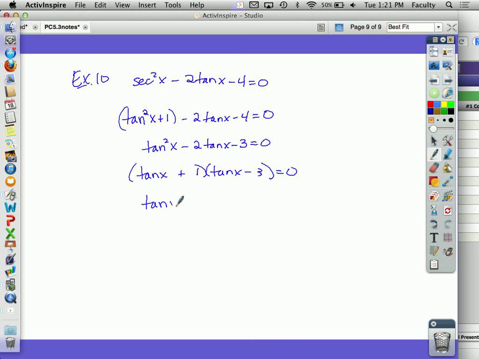So I'm getting tangent x equals negative 1, or tangent x equals 3. And I've done this enough that I know that theta prime is pi over 4. So from 0 to 2 pi, I just did this, right? 3 pi over 4 and 7 pi over 4. That has a distance of pi.